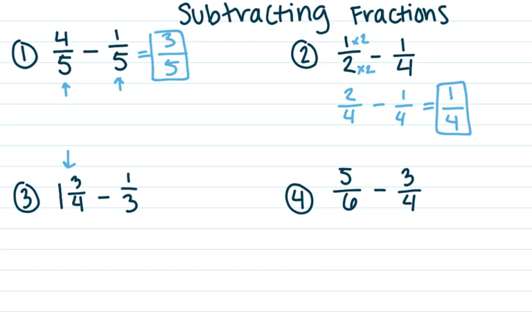So when I go to work with a mixed number like that, I have to turn it into an improper fraction. It makes things a lot easier. Now you don't have to. If you have a very good, very strong fraction understanding, you don't have to do this. However, sometimes we get confused, and so it makes it a lot easier if we just turn it into an improper fraction, find a common denominator, and then subtract them.